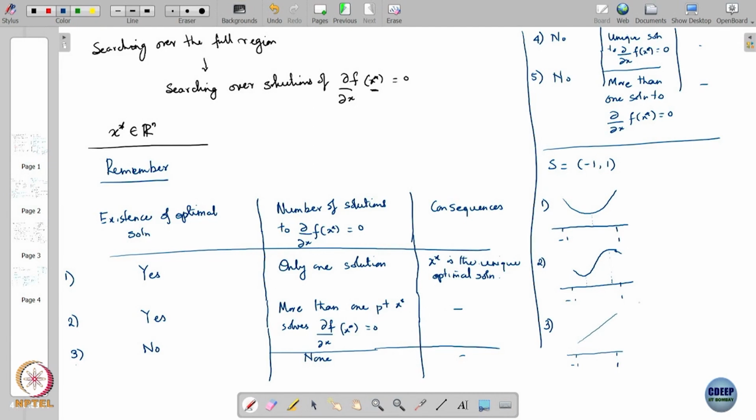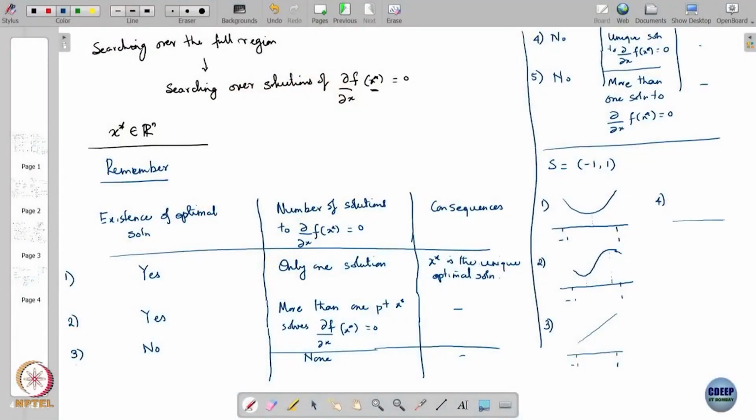There is no optimal solution. The infimum is not attained in this set. It would have been attained at -1 if -1 was part of the domain, but the domain is open. Also the function shape is such that its derivative does not vanish anywhere here.